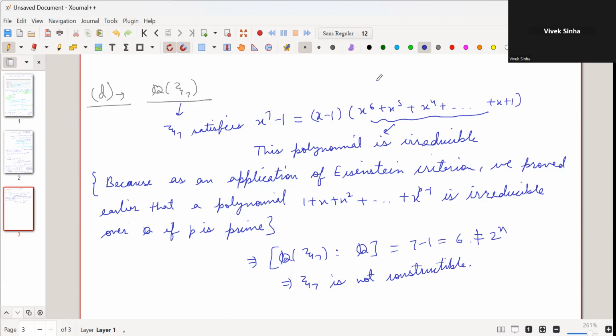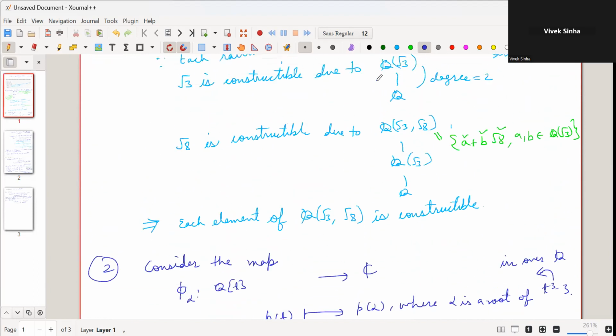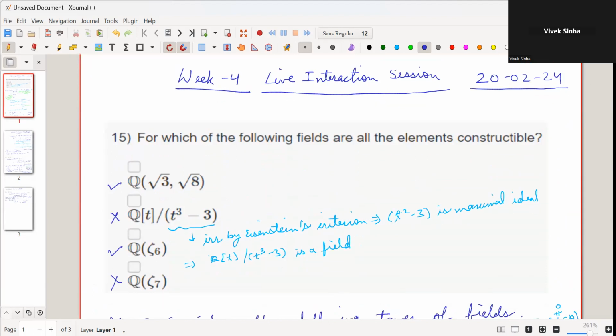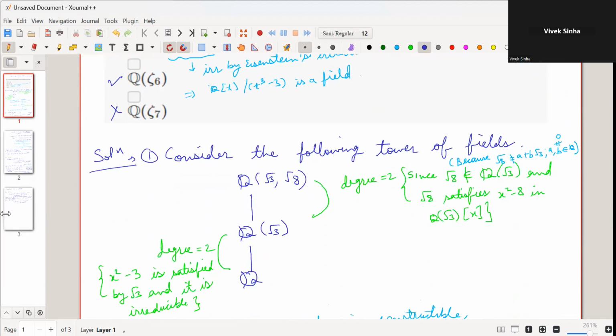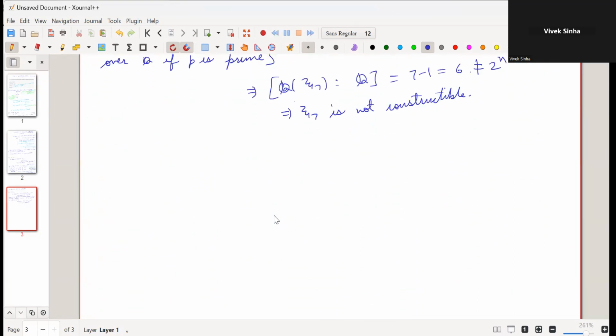Okay, so we have option 1 correct, second incorrect, third correct, and fourth incorrect. So that is from assignment number 1. So we can move to assignment 2 now.